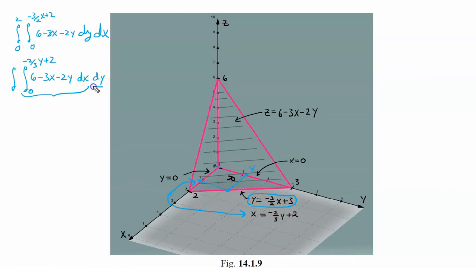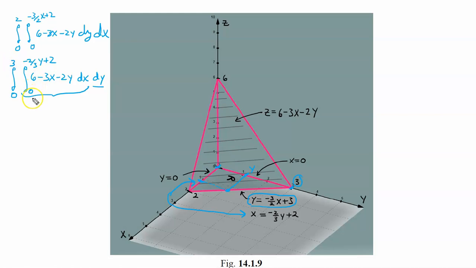Now, with the outer limit of integration, we have to ask ourselves, what does this y vary from? Well, the y goes from this point on the y-axis, which is 0, up to this point on the y-axis, which is 3. So 0 to 3.